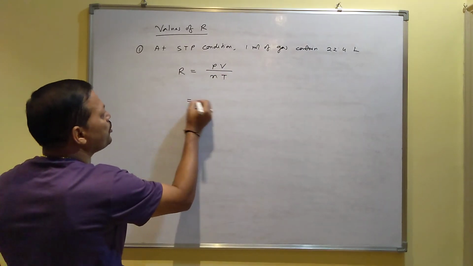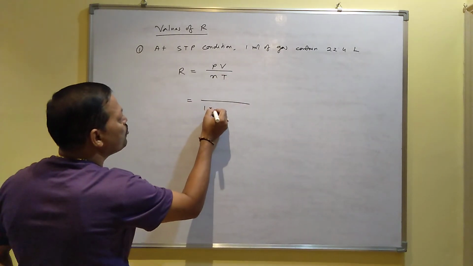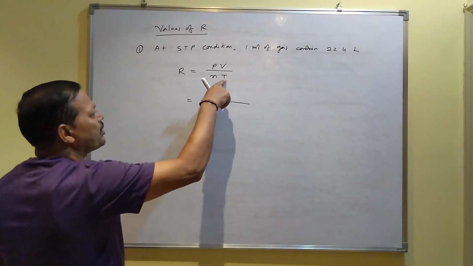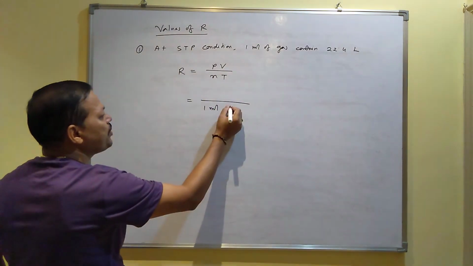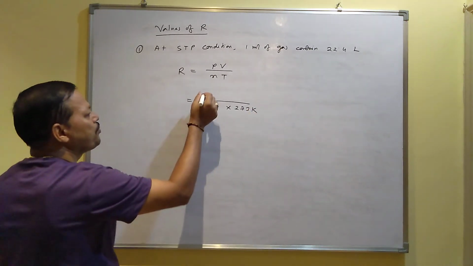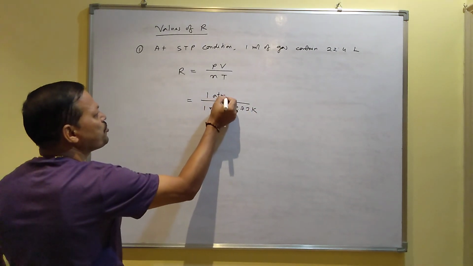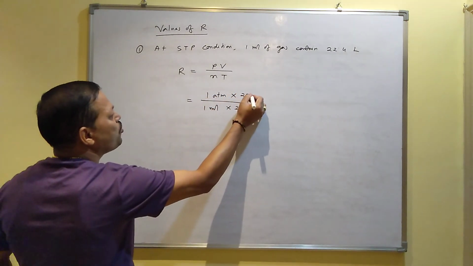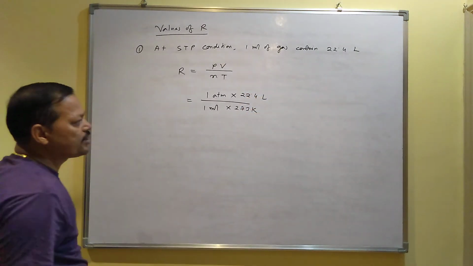If you consider number of moles as 1 mole of gas, temperature at STP is always considered as 273 Kelvin, pressure is considered as 1 atmosphere, and volume is 22.4 liters for 1 mole of gas.